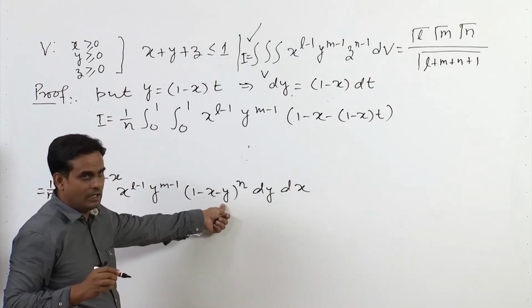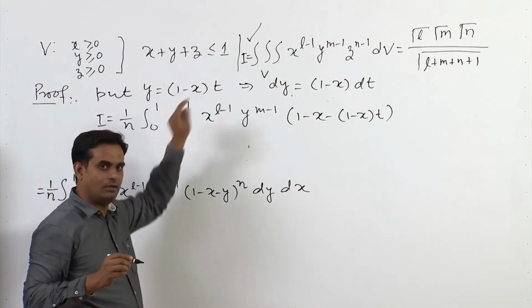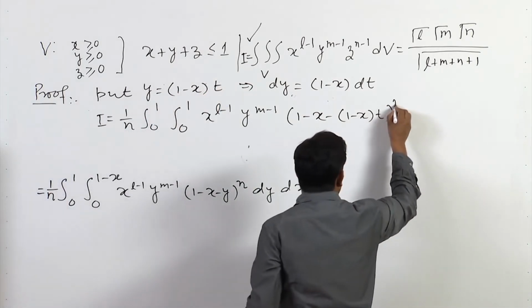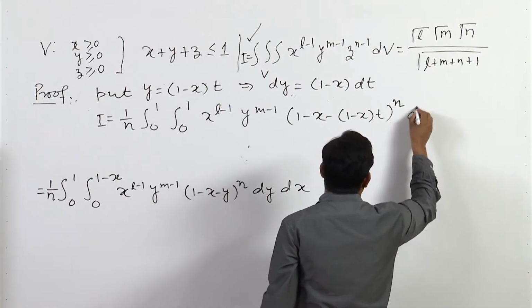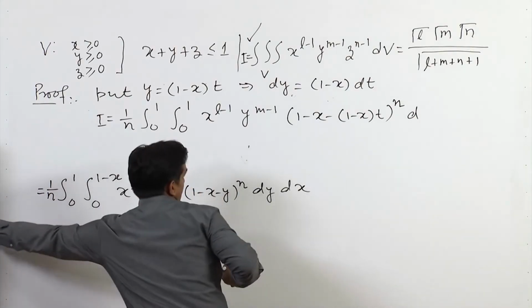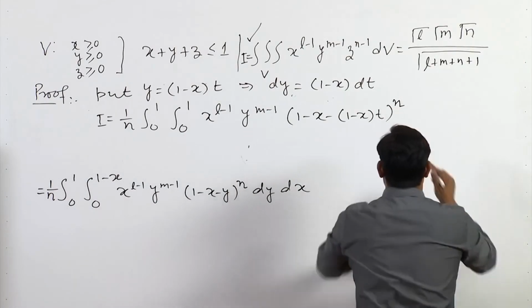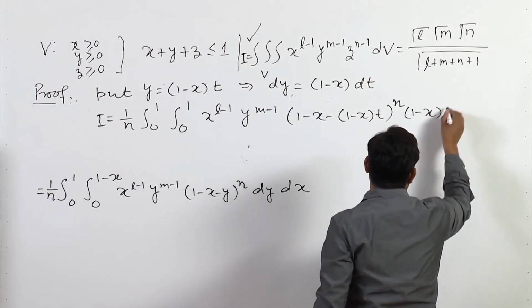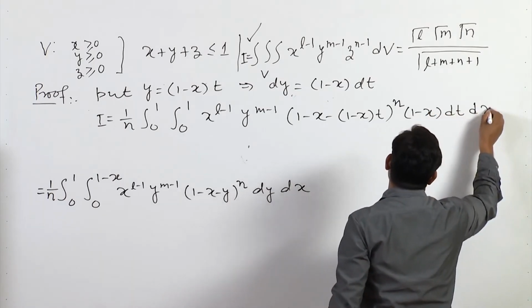For this y I have written (1 minus x) into t raised to power n, and then dy becomes (1 minus x) dt and finally dx.